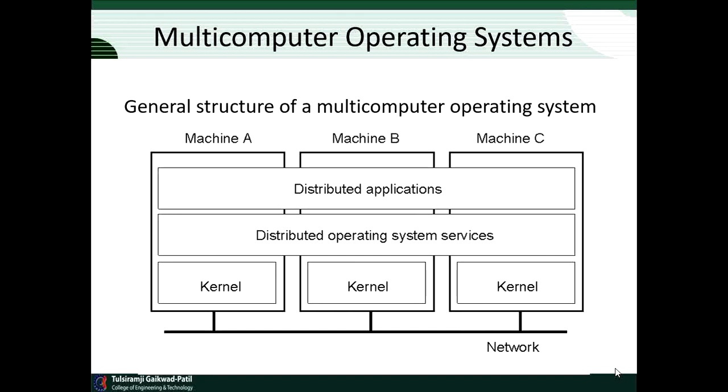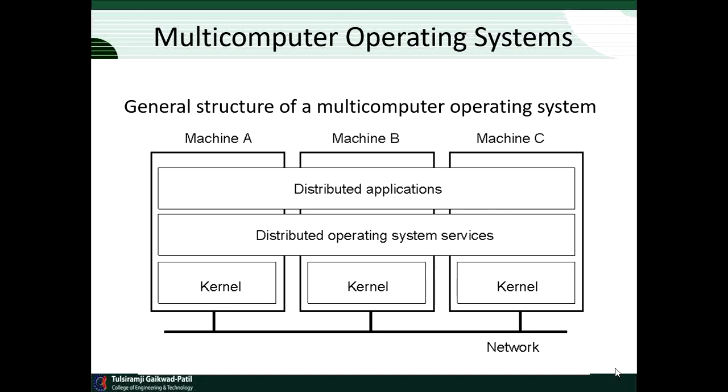Here the general structure of a multi-computer operating system is given. In this, a number of machines will be connected with the distributed operating system services. Distributed applications will connect to the distributed operating system services, and then it will connect to the network.